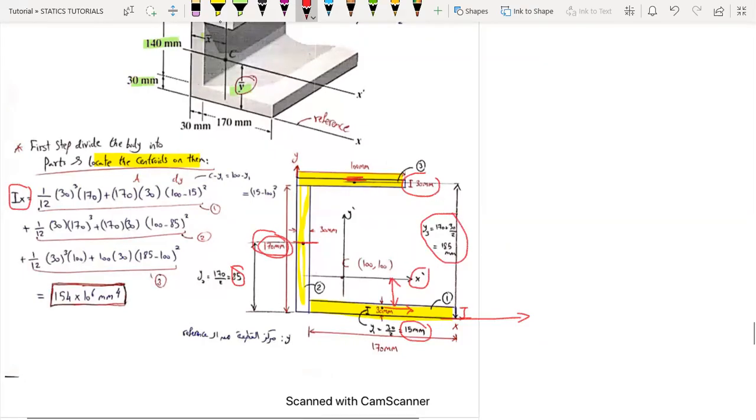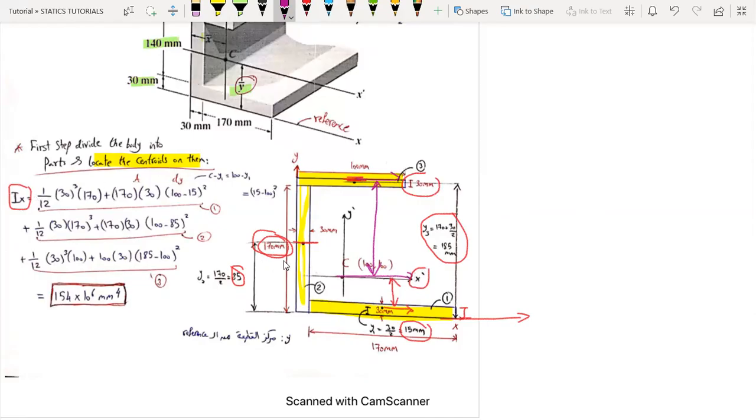So now we are ready to use the parallel axis theorem. Remember, for each segment, we should find this vertical distance, the distance from the centroid of a specific segment till the centroid of the whole system, which is here. Now we are dealing again with x prime.